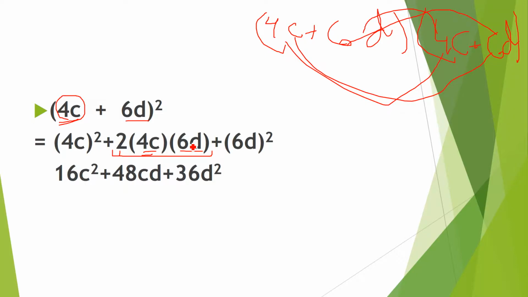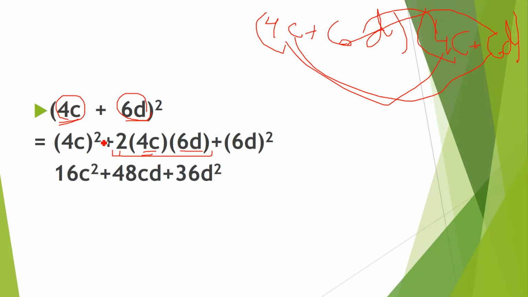Again I am focusing you that whatever you see instead of a, you have to write down. Whatever is instead of b, you have to write down here, and then b square. So we have 6d instead of b, so we will make the square of 6d.